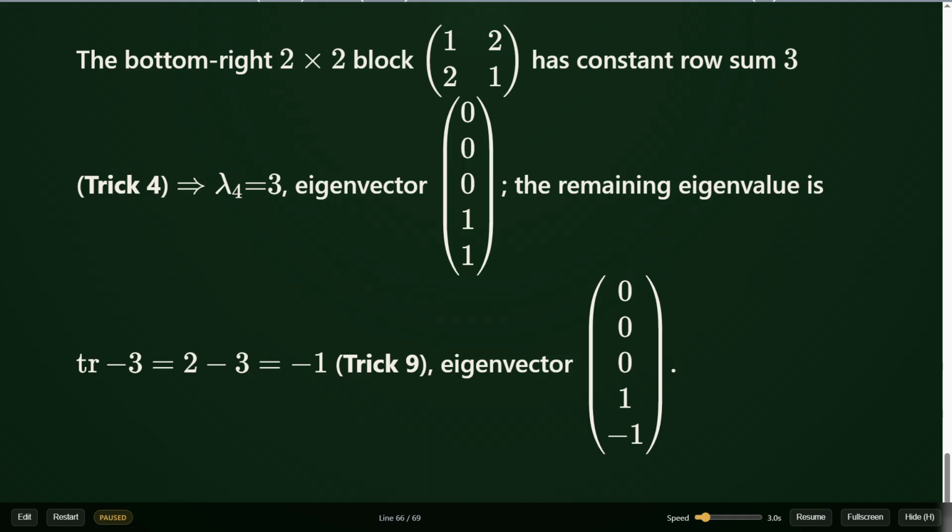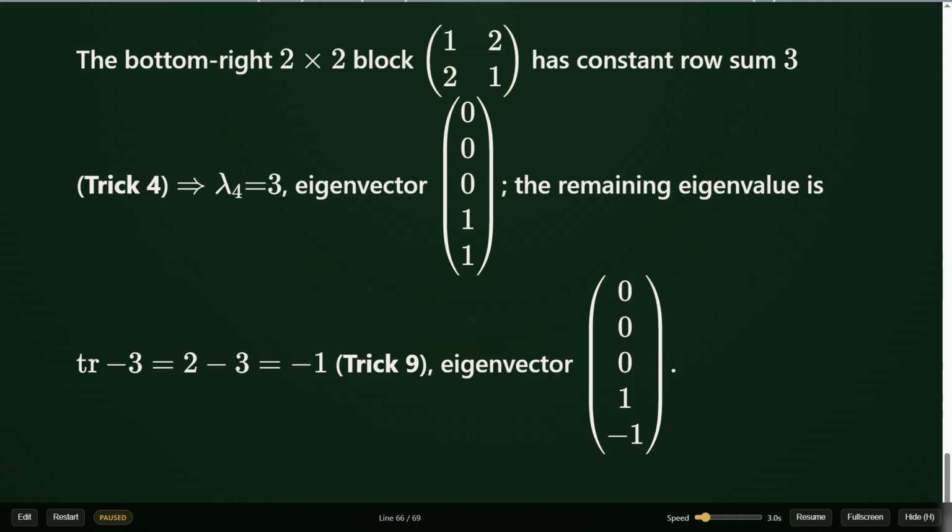Now the remaining eigenvalue is from the trace. We already know the trace, and we already know 4 eigenvalues, therefore the last eigenvalue using that method is minus 1, and for minus 1 we can again orally find out the eigenvector: 1 times column number 4 and minus 1 times column number 5 will give you the corresponding eigenvector.